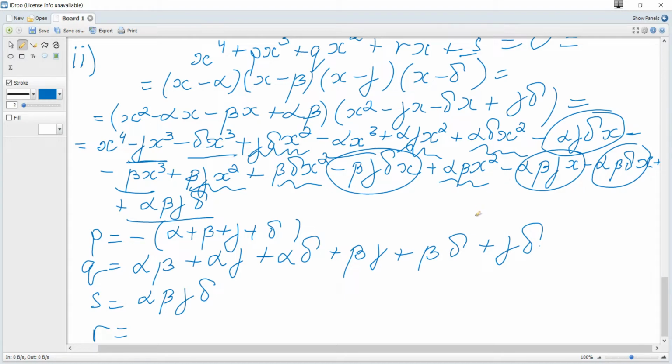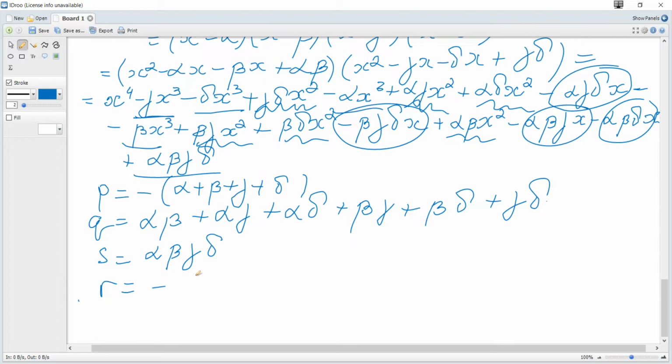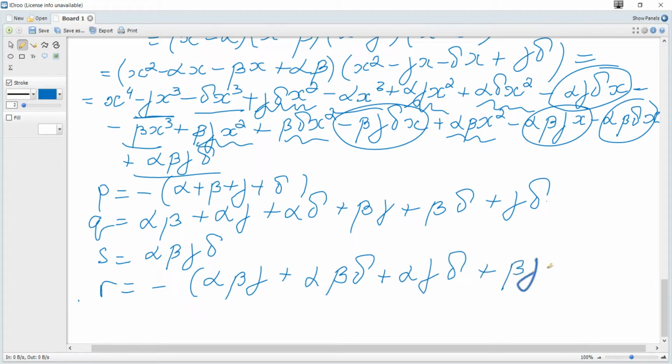It's minus, it should be minus alpha beta gamma plus alpha beta delta, all possible combinations, plus alpha gamma delta plus beta gamma delta.